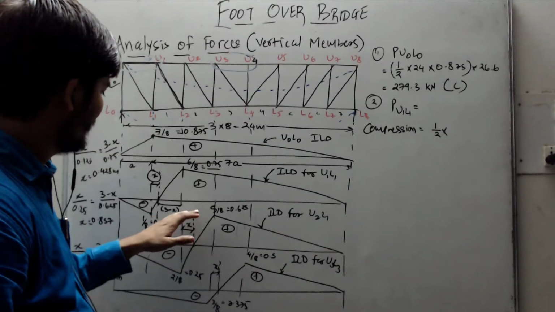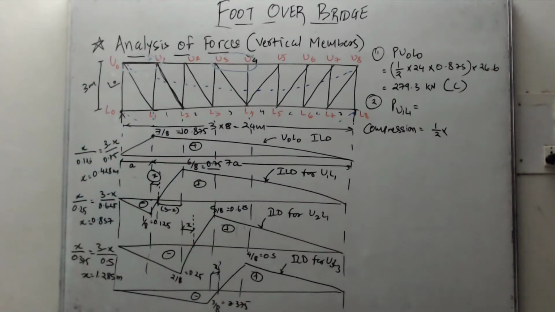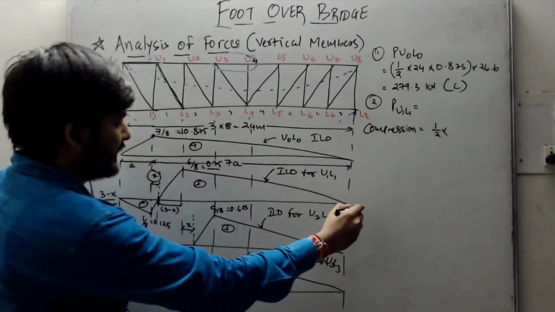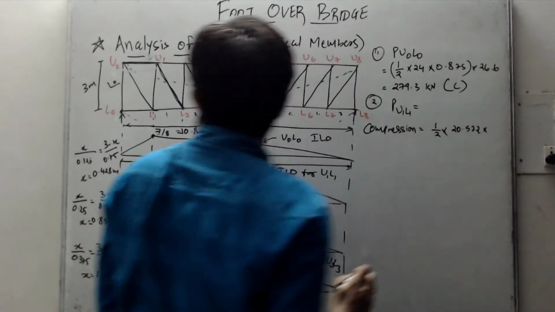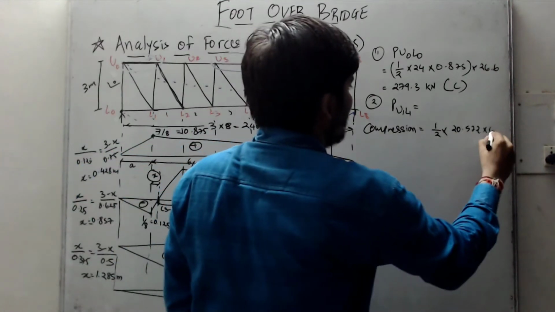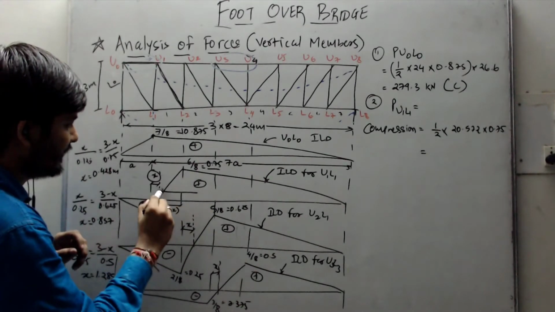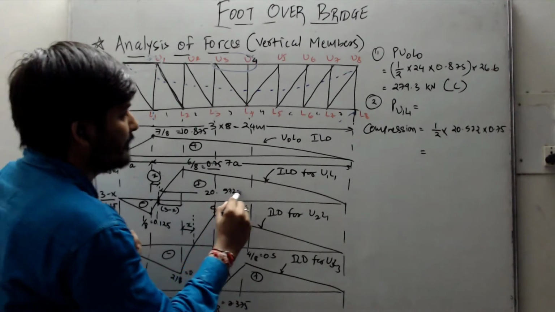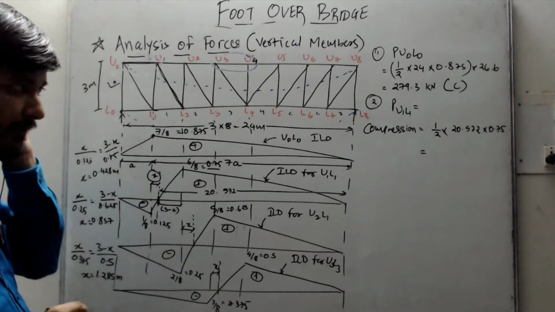So base I am getting from here to here, as 20.572, that is from this point up to the end, right? Multiplied by height, which is 0.75. So I hope you will be able to calculate this. If you have any doubts, you can ask in the comment box, right?